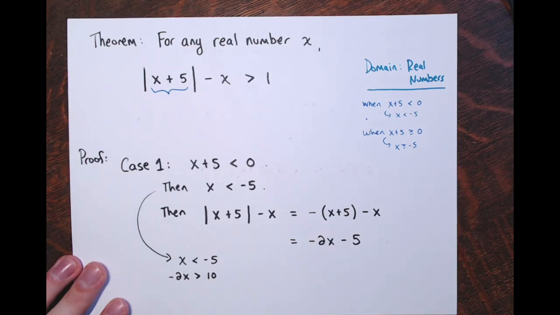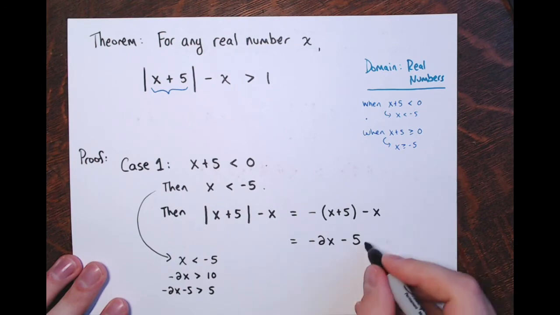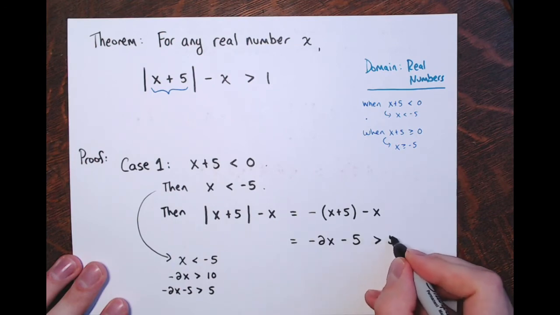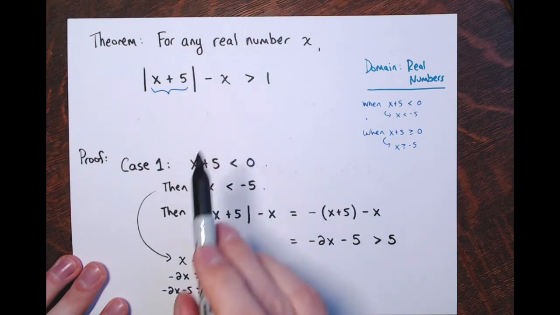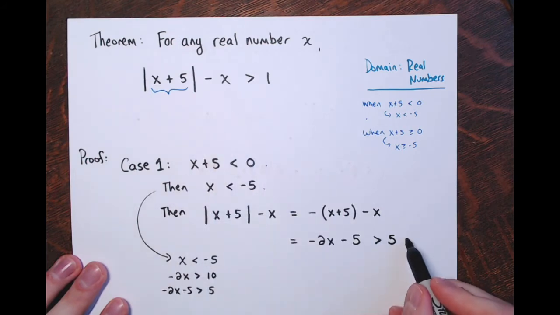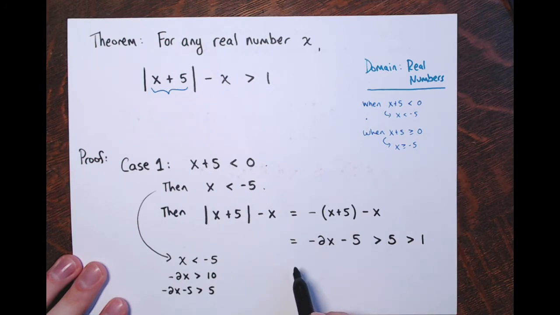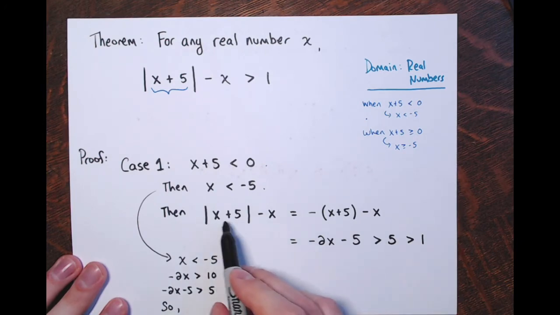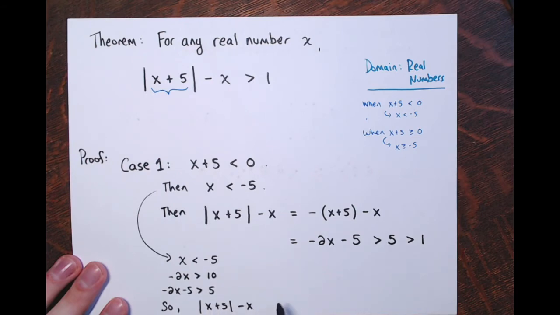And then if I subtract 5 from both sides, negative 2x minus 5 would have to be greater than 5. So putting this back here, this is greater than 5, which is definitely greater than 1. So we do have the absolute value of x plus 5 minus x being greater than 1 in this first case when x is less than negative 5.